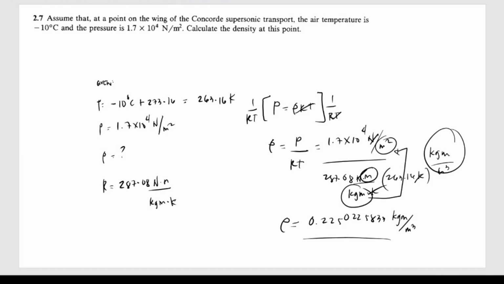Okay. So, tuloy-tuloy lang tayo. Next, at a point in the test section of a supersonic wind tunnel, the air pressure and temperature are 0.5 times 10 raised to 5 Newton per meter squared and 240 Kelvin respectively. Calculate the specific volume. So first, no, pwede ka mag-drawing ng supersonic wind tunnel, no?